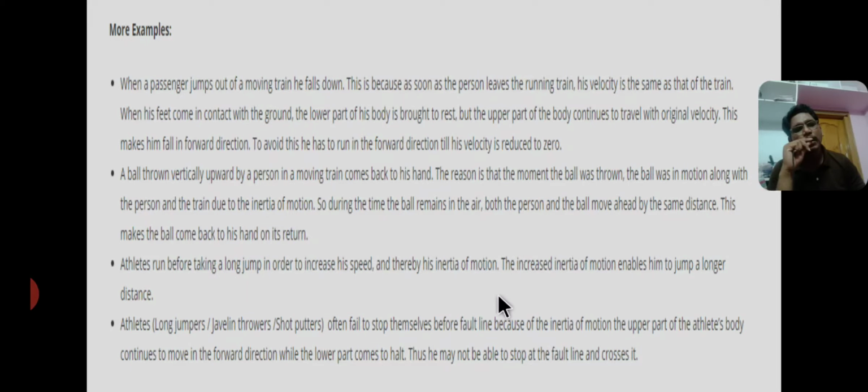So during the time the ball is in the air, both the person and the ball move ahead by the same distance. This makes the ball come back to his hand on its return.